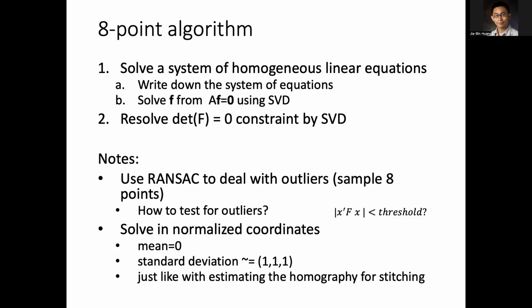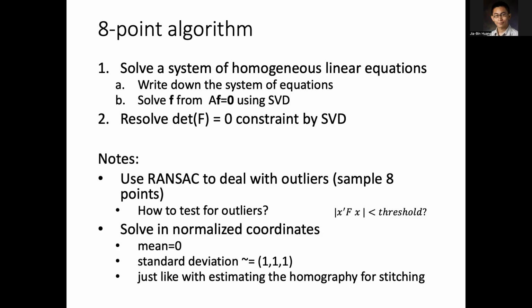If you have 100 correspondence pairs, every time you sample 8 pairs, you solve for F and check how many of the rest of the correspondence pairs you can explain. That's the inliers. Then you go through, say, 500 trials, each with some number of inliers, and you just pick the one that has the highest number of inliers. That's how you can robustly estimate this.